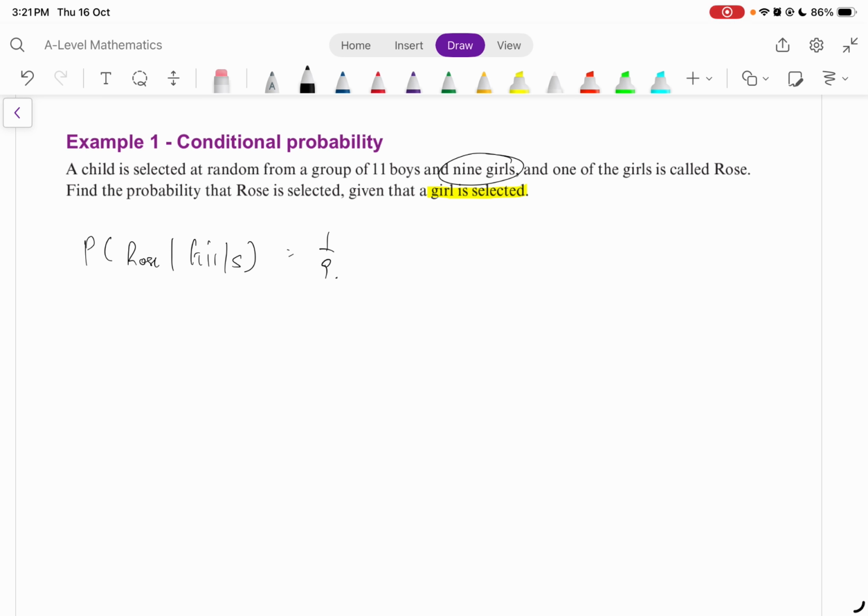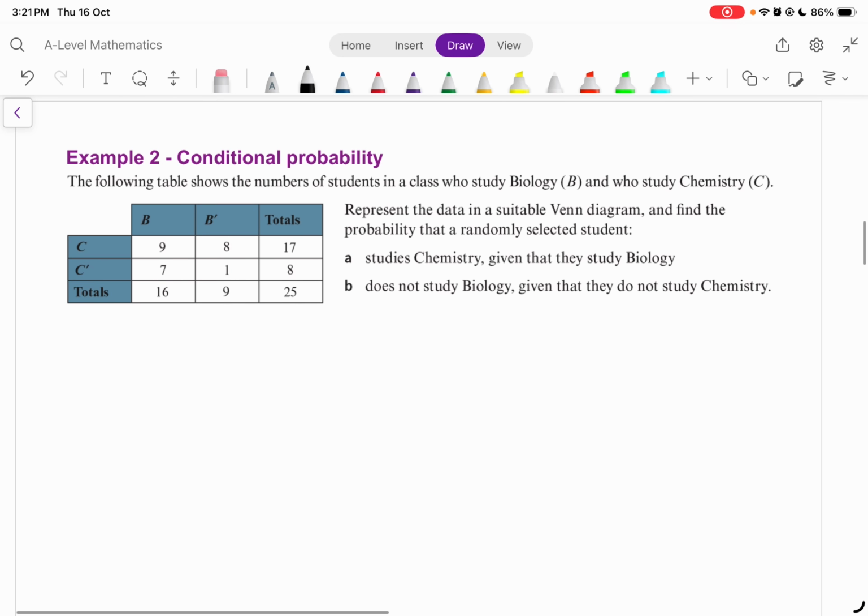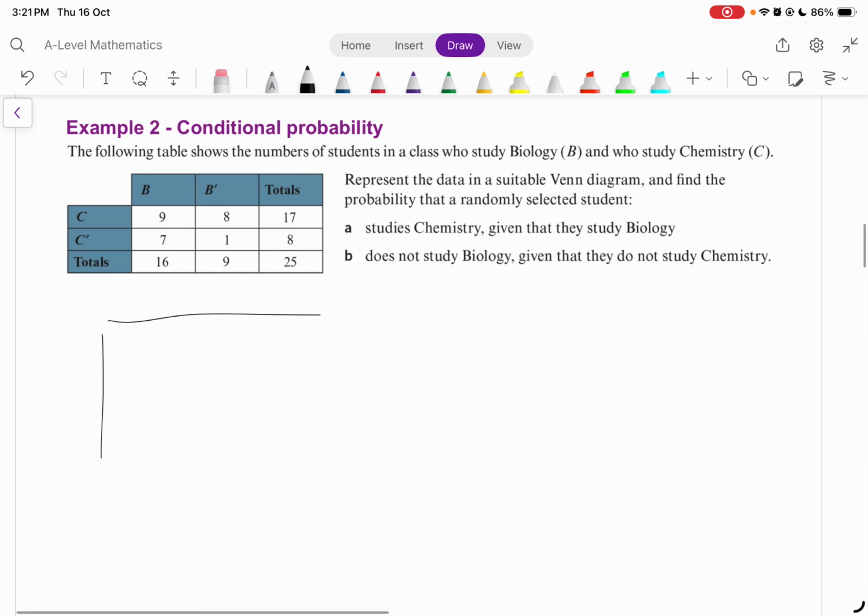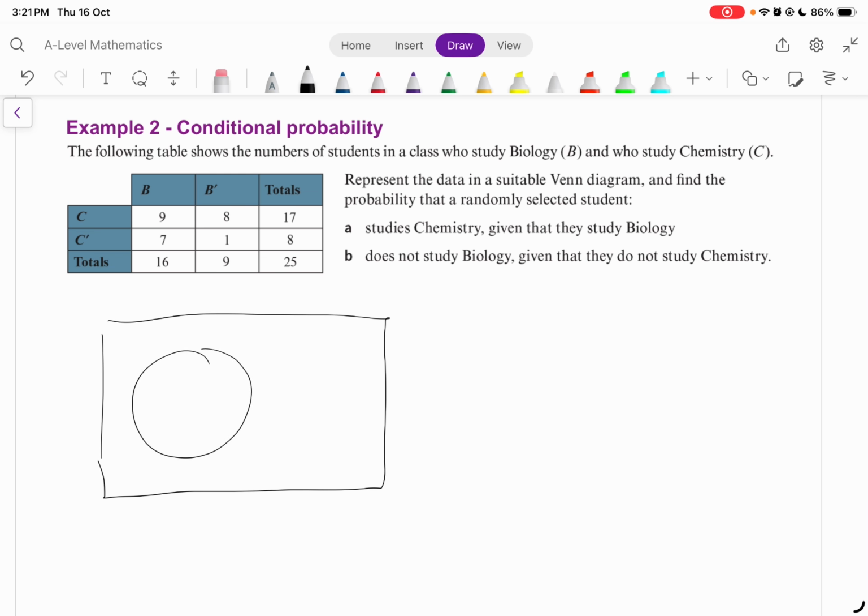Okay, let's try again. The following table shows the number of students in a class who study biology and who study chemistry. Represent the data using a Venn diagram and find the probability that randomly occurs for each of the students. So let's try and construct 我们的 Venn diagram. So we have biology and chemistry. Out of all, 我们 C 是等于25个, OK 也就是讲是他们的 total number 啦. So for biology and 我们的 chemistry, 也就是这一个 it's 9.